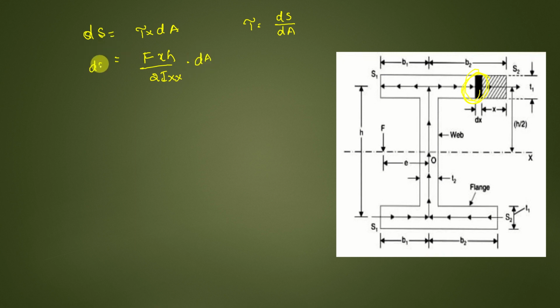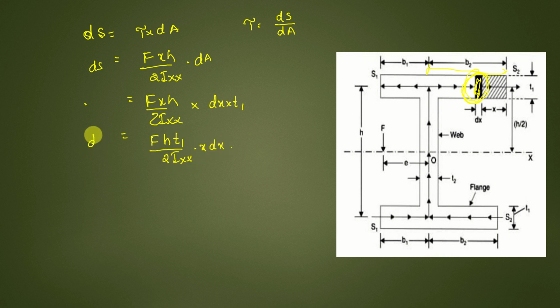That is the dS value. Here dA is a small part, this small rectangle, dx multiplied by T1. So that will be F h T1 by 2 Ixx into x dx, that is dS.